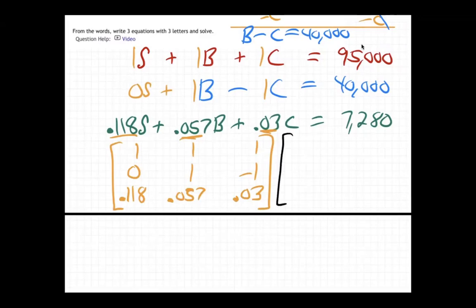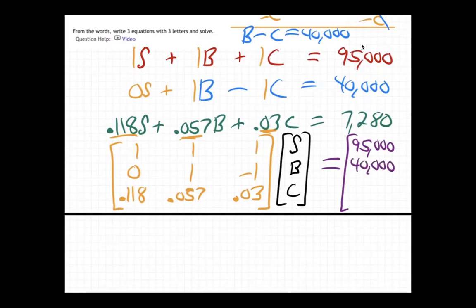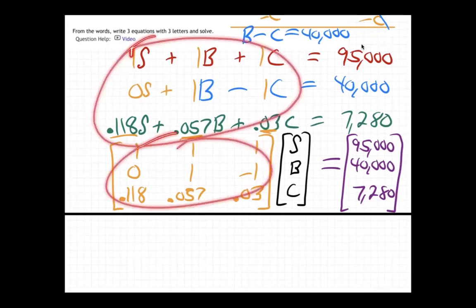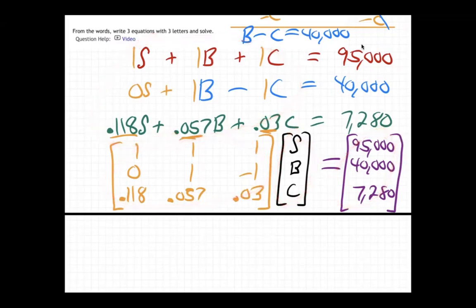Times stocks, bonds, and CDs equals three numbers on the right side: 95,000, 40,000, 7,280. So there's our matrix equation. I just took the numbers in front of the letters, put them all here, put the letters there, equal the right side. Now, how do you solve that?